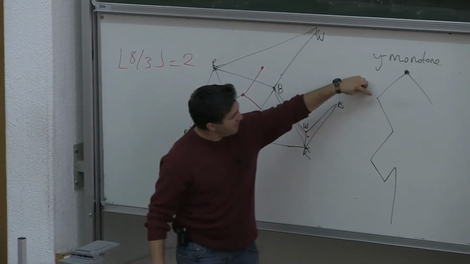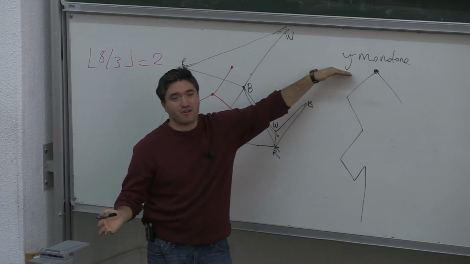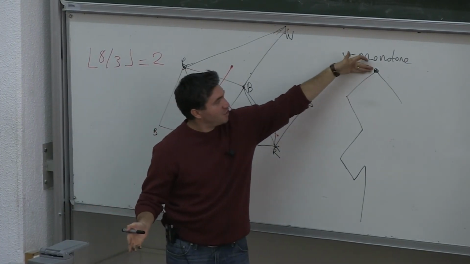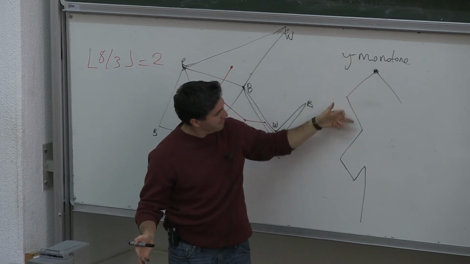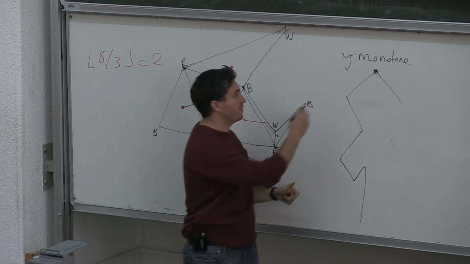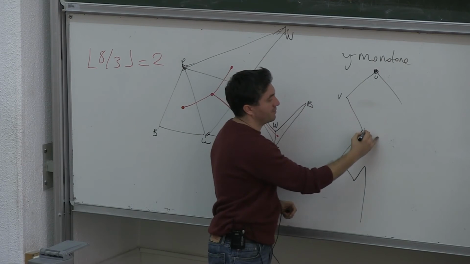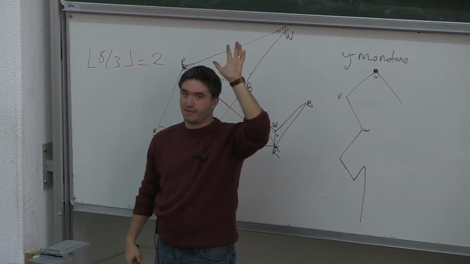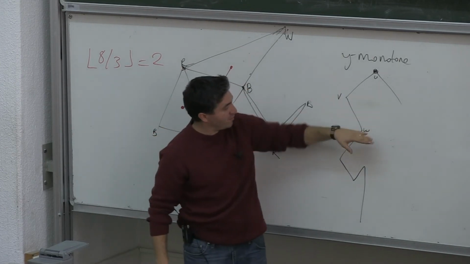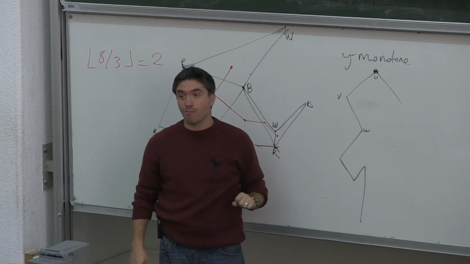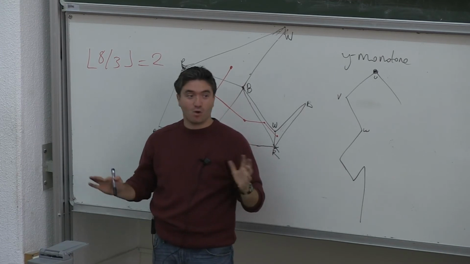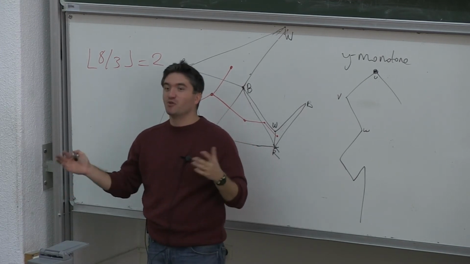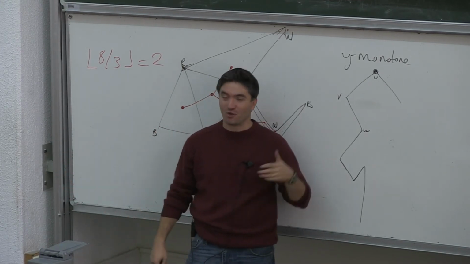For example, this vertex is really good because of its two neighboring vertices. If this is V, these are U and W. If one of them is at a higher point, and the other is at a lower point compared to V, we call this a regular vertex. It's a good vertex. It doesn't violate monotonicity.